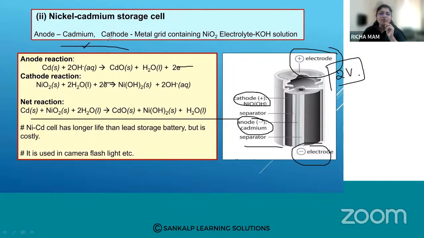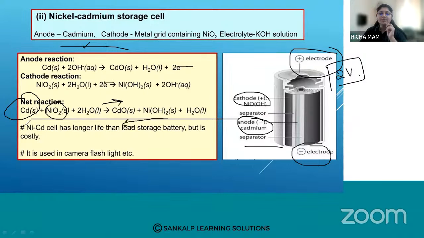When the cell is discharged, the cadmium and your nickel oxide are converted into the corresponding compounds, that is cadmium oxide and nickel hydroxide.